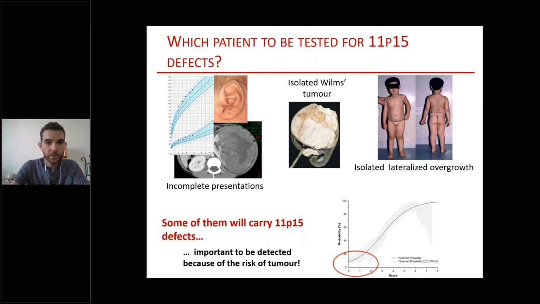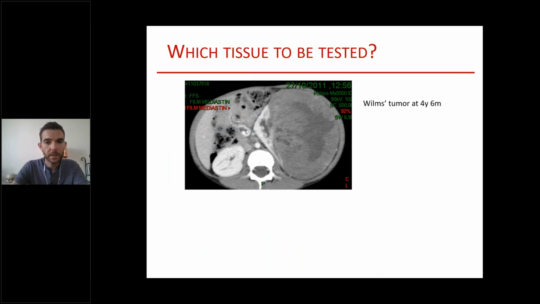So it is important to know that, because some of those patients with atypical clinical presentation will carry 11p15 defects, and it's important to detect those defects in such patients because of the risk of tumor, and because of the fact that some patients will be screened for tumors depending on the molecular defect that is identified. There is another question that has to be assessed, which is which tissue should be tested.